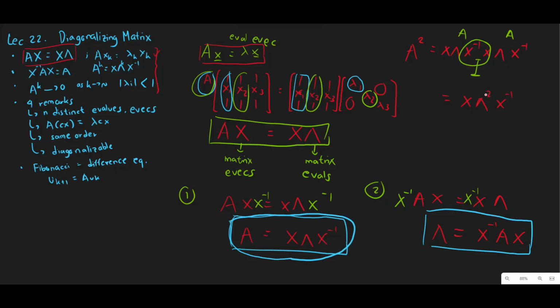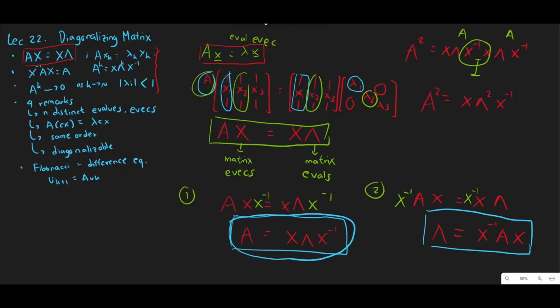This is squaring a diagonal matrix. This translates to just squaring the entries inside, because these are diagonal and you don't have other entries in it. So this is pretty easy and pretty fast to compute. That's the powerful formula.